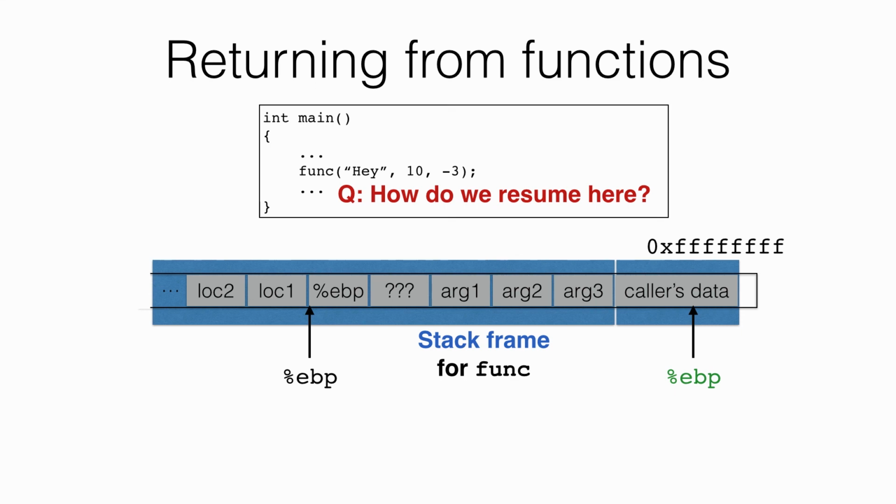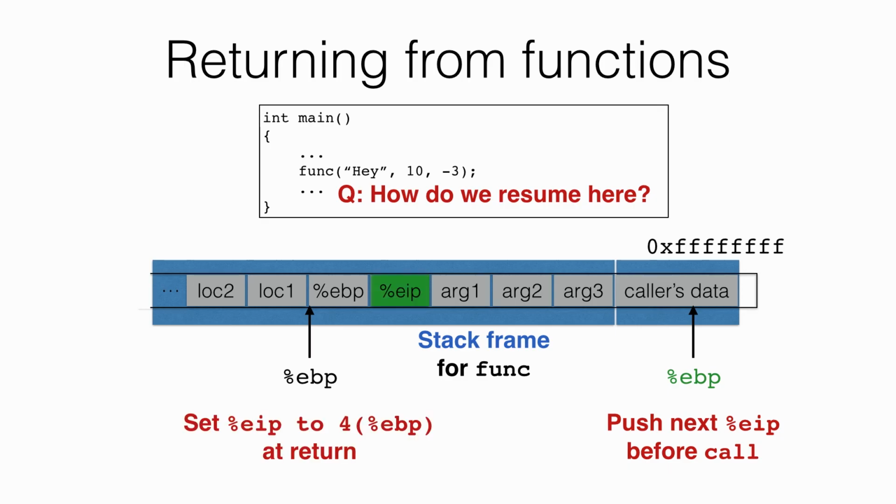So what we want is to resume back to where we were when we called the function. Well, we can play the same trick that we did with the frame pointer. We can store the instruction pointer just before calling the function on the stack. Now, when we go to return, we just have to set the instruction pointer to 4 off of the current frame pointer in the callee.